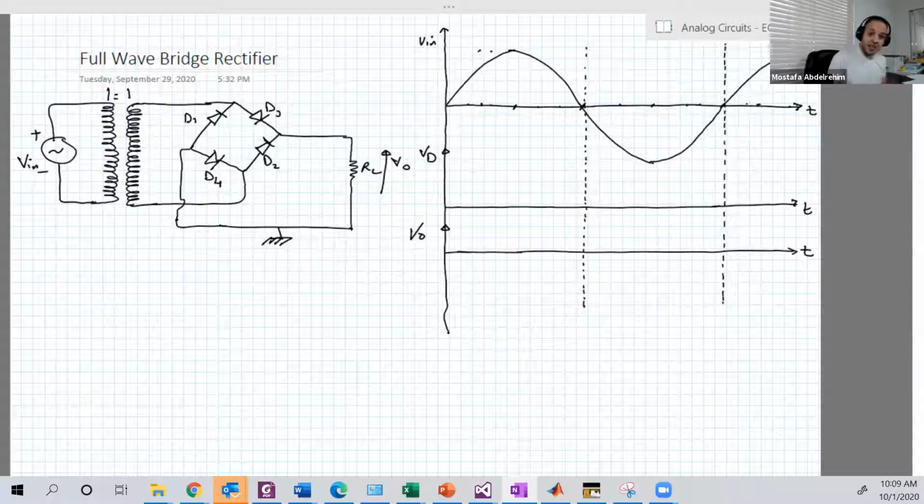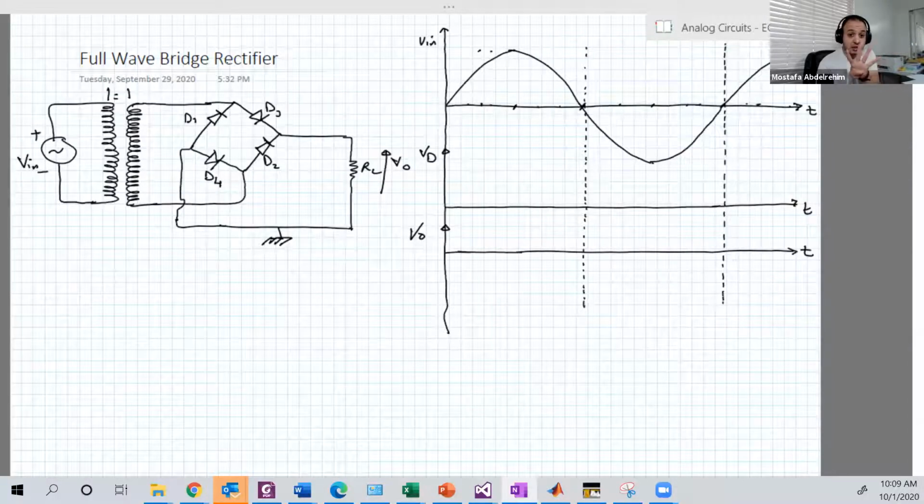As you see here, basically we now have 4 diodes, not only one diode, so it's more expensive in that respect.